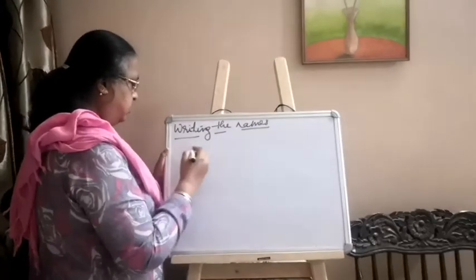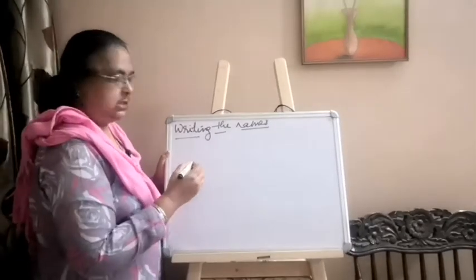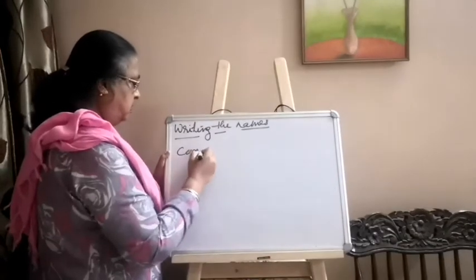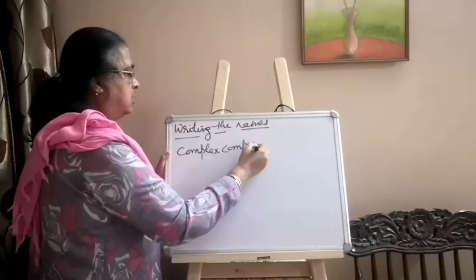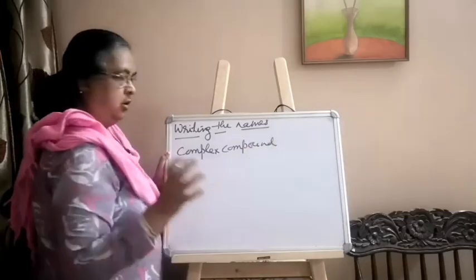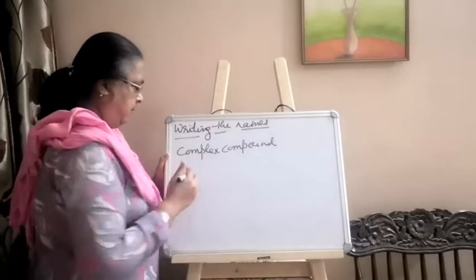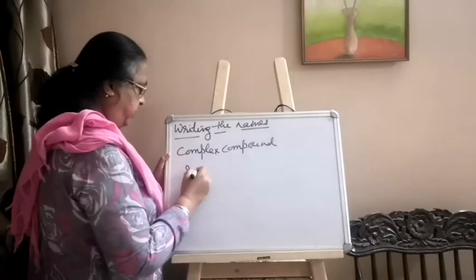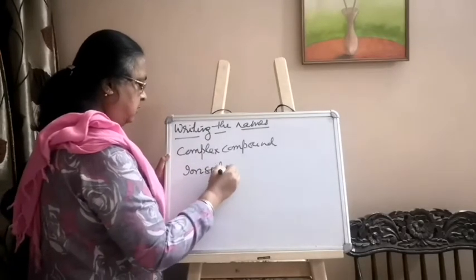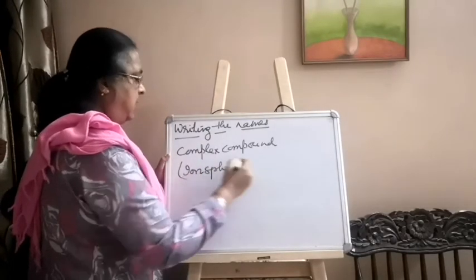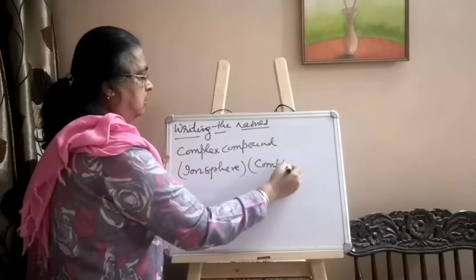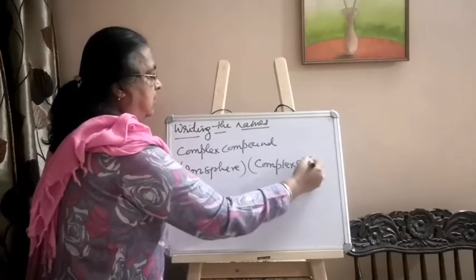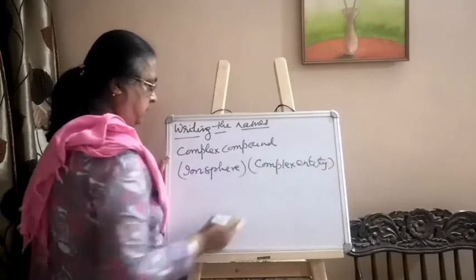The first thing, as you know, a coordination compound consists of two parts. One is the ionosphere and the other part is the complex entity.